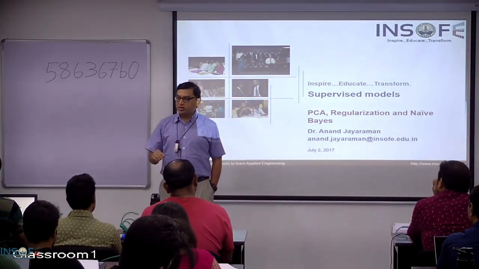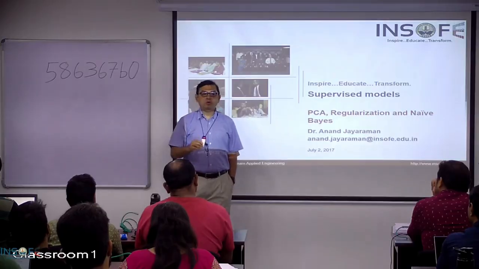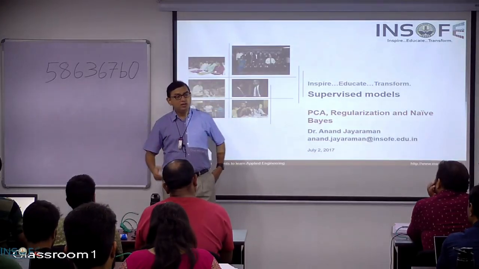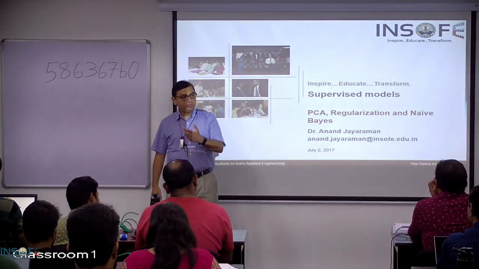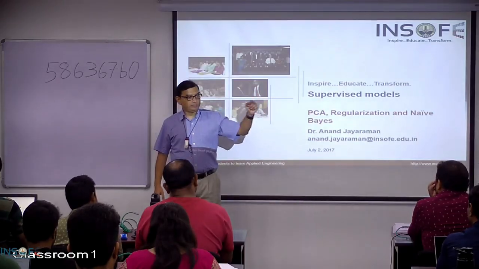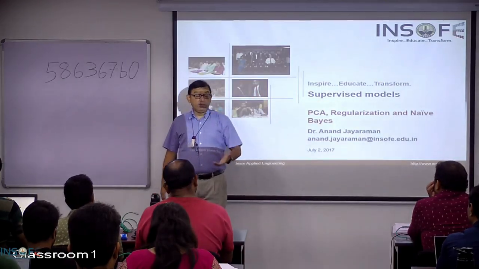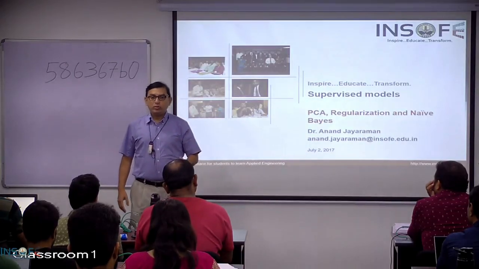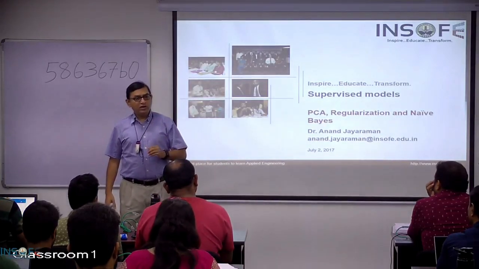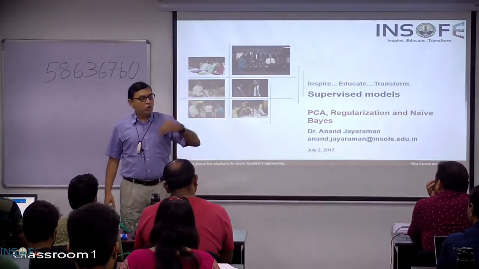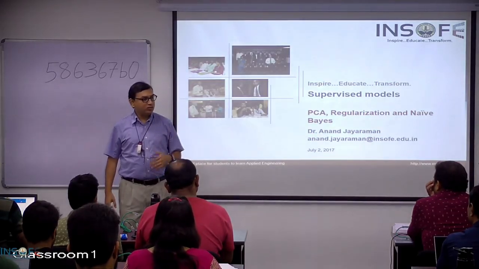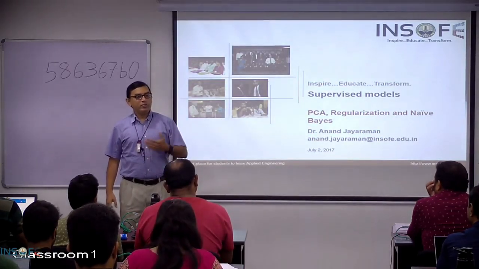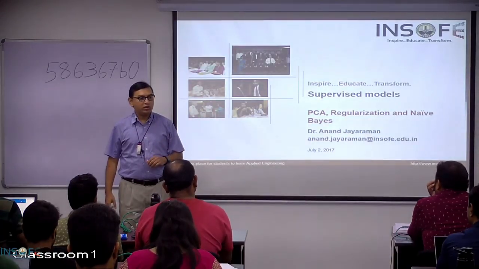Remember, logistic regression gives you a probability that this given member belongs to class 1. It's only giving you a probability. You need to decide, after it gives you the probability, at what probability you will assign it to class 1 and below what probability you will assign it to class 0. That's the decision you need to make. It depends on the business situation that you are interested in.